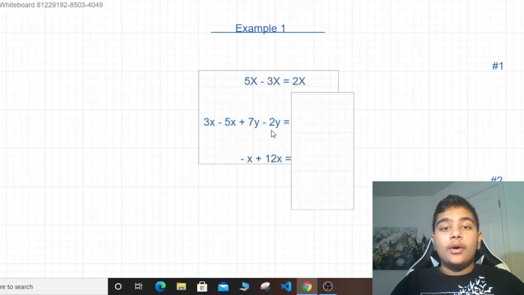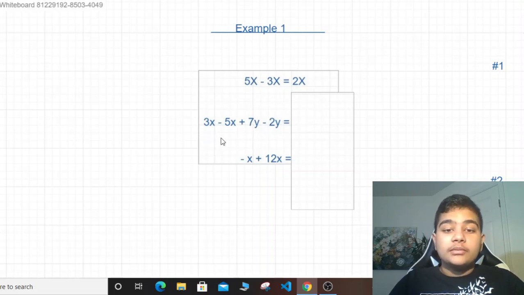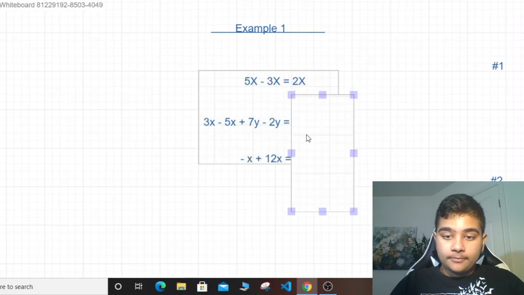Since x and y cannot interact with each other, we just have two smaller components. We have 3x minus by 5x, then we have 7y minus by 2y. So we have 3x minus by 5x as negative 2x, and we have 7y minus by 2y as 5y.